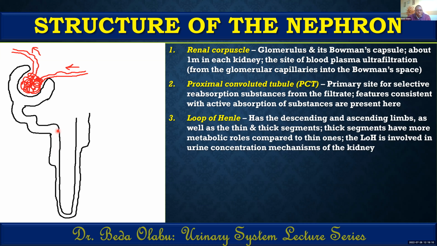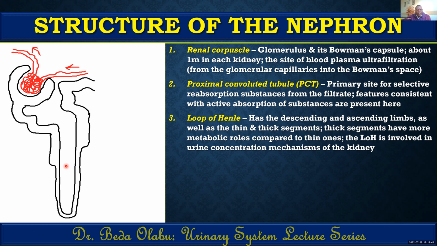Generally, based on the various functions of the loop, and we're going to see that in the next topic, there are some variable transport mechanisms that occur around the loop that are aimed towards concentration of urine. So the structure of the loop of Henle is geared towards urine concentration. That's perhaps the major function of the loop of Henle, to participate in the urine concentration mechanisms of the kidney.